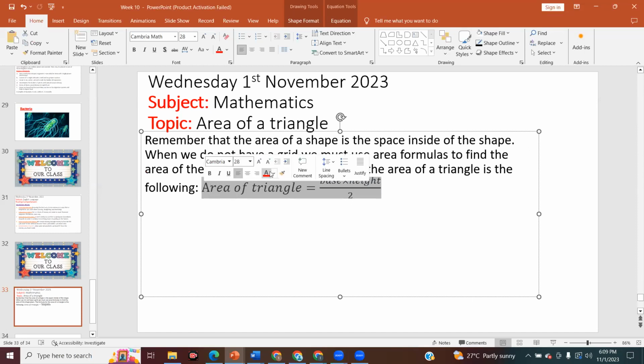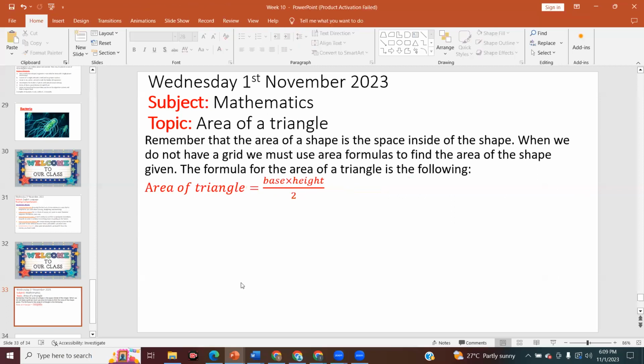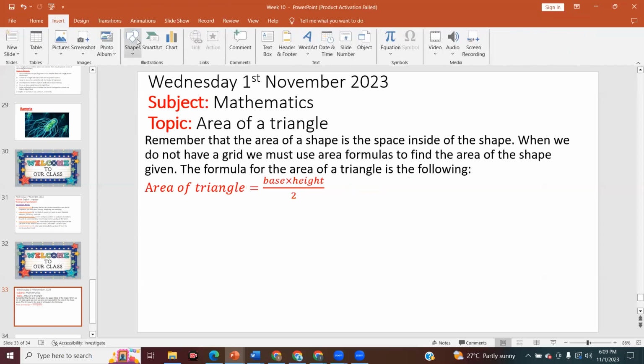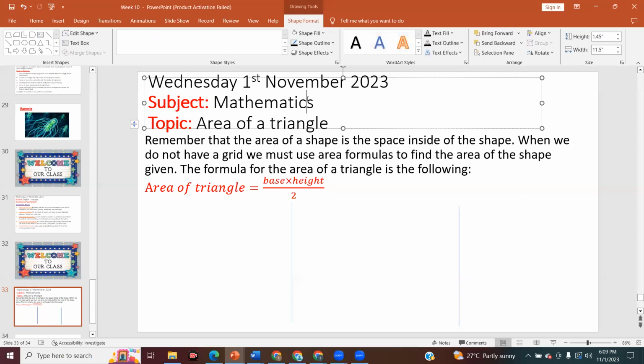Quick recap. What is the formula for the area of a square? Length times width. Very good. What is the formula for the area of a rectangle? Length times width. And what is the difference between the length and the width?